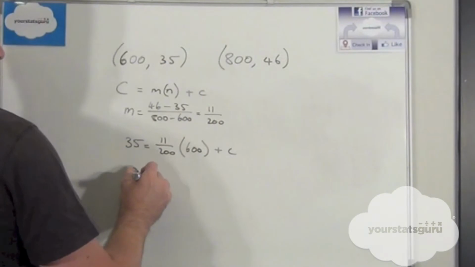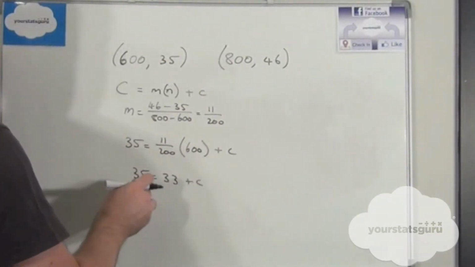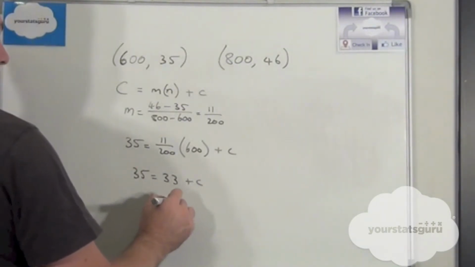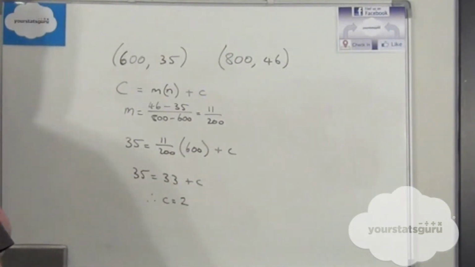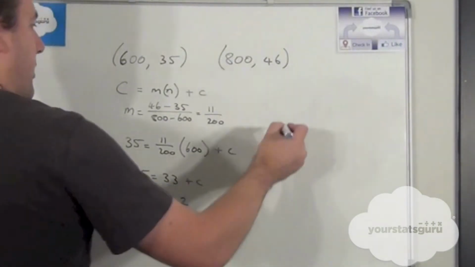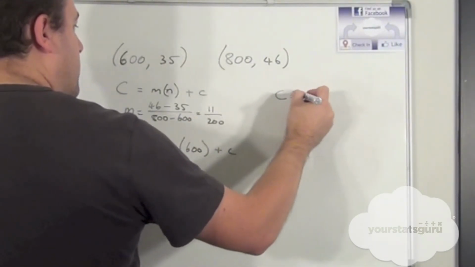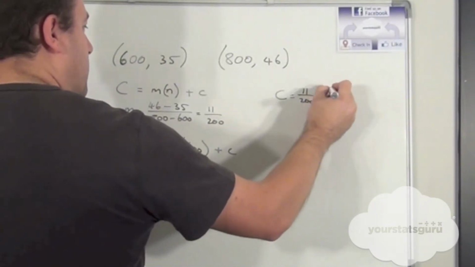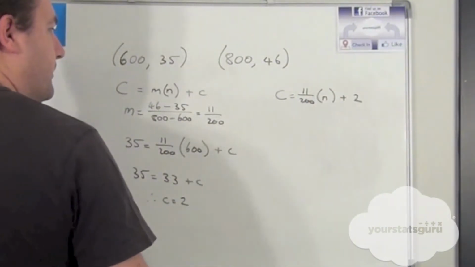So I'll have 35 equals 33 plus c. 35 minus 33 is 2, so therefore my y-intercept is $2. So my general equation is going to be that C, the charge in dollars, is equal to 11 over 200 times N plus $2.